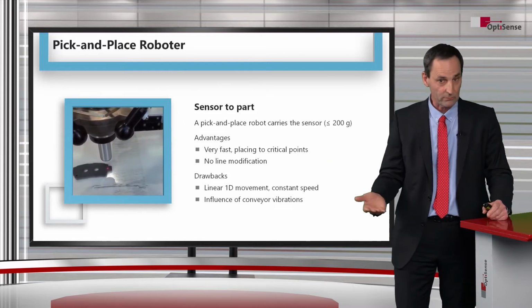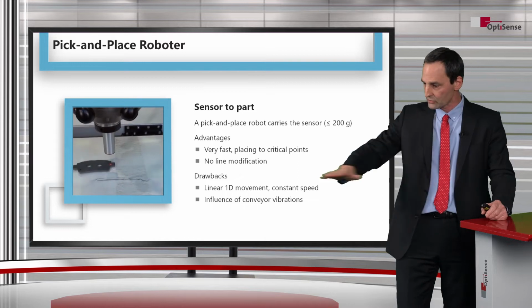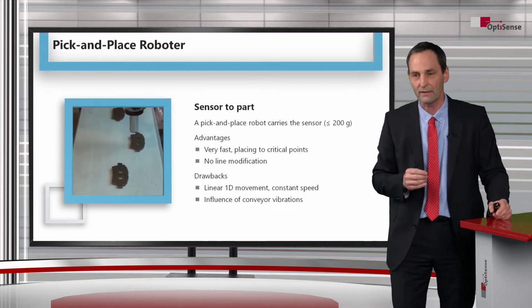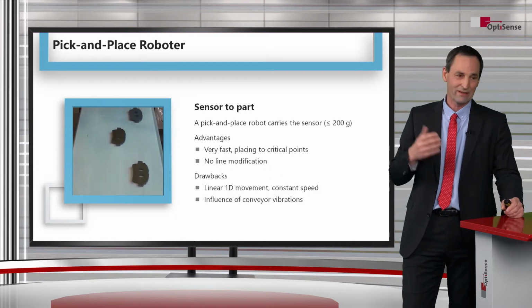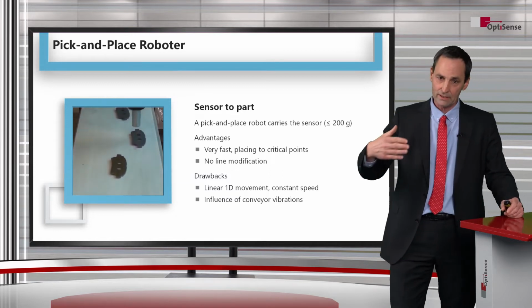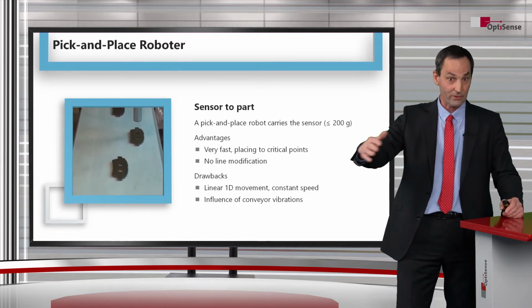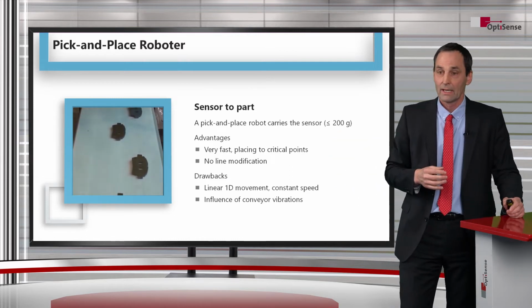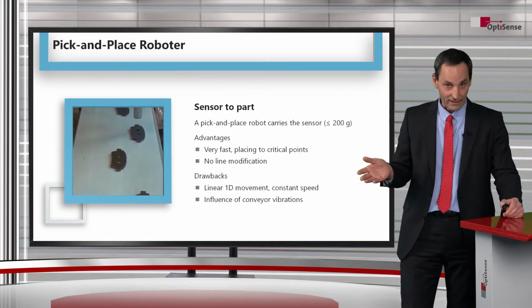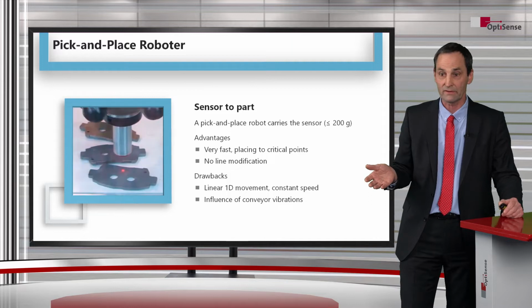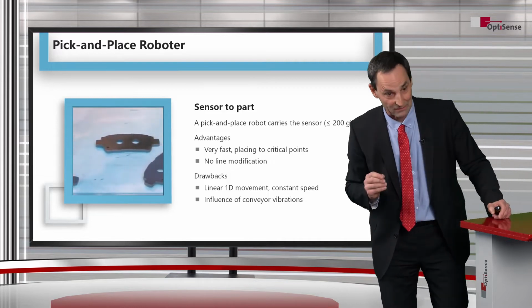You have no line modification. That means the parts are just moving on and the robot is just doing some kind of pick-and-place. But it is only possible if you have a linear movement in one velocity and you have no vibrations in between. Okay, there are cases where it is possible, then it's very easy to integrate, but we still have cases where this is not possible.